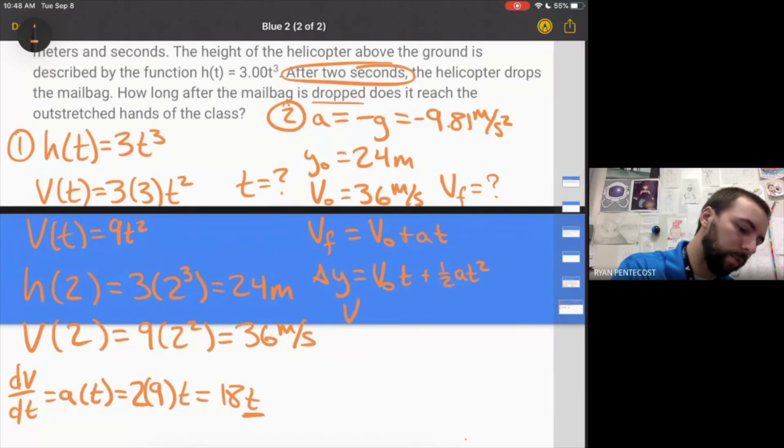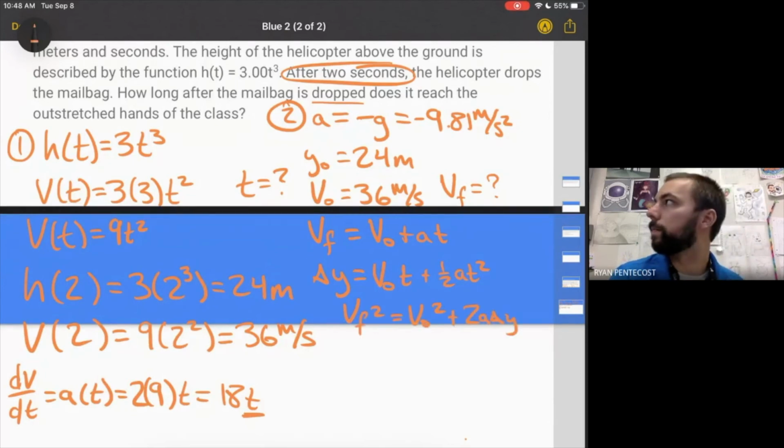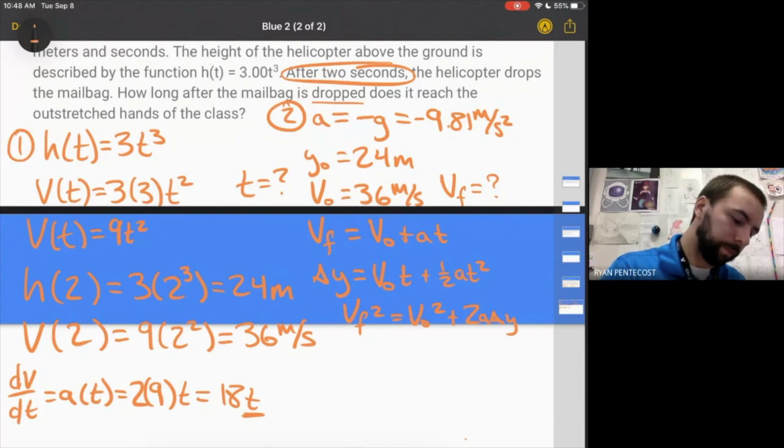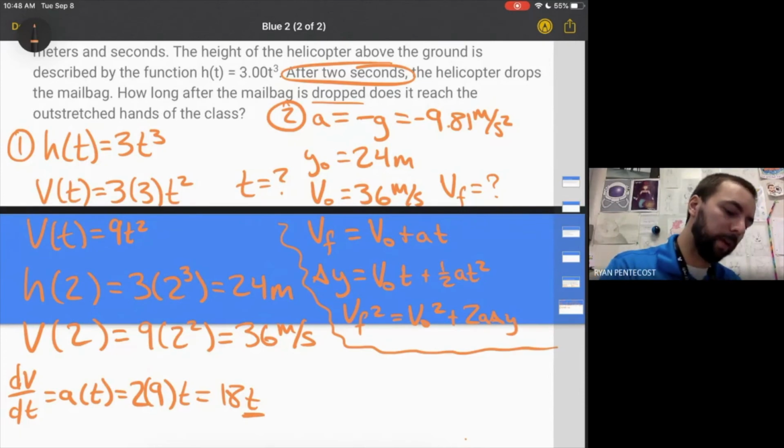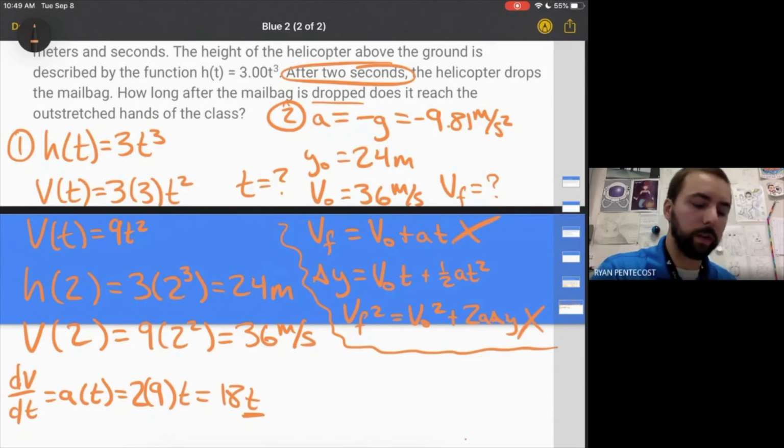Then you have vf squared equals v naught squared plus 2a delta y. Those are the equations that we can choose from. Now, we don't have vf, so we can't use the first one, and we can't use the third one.